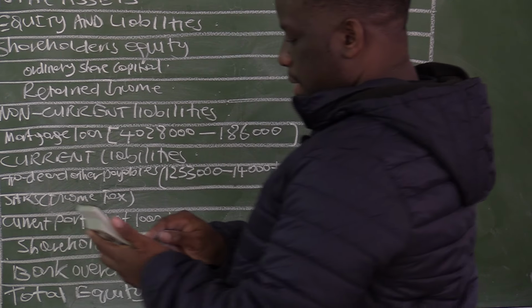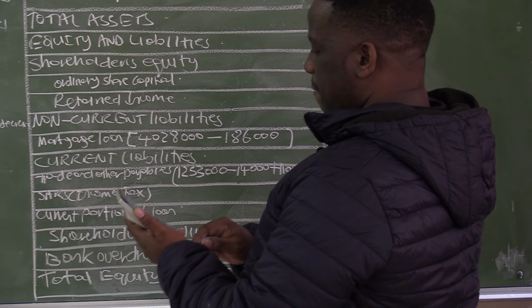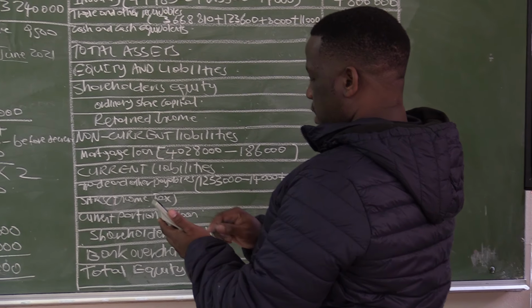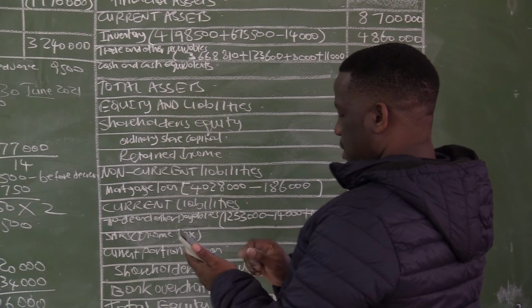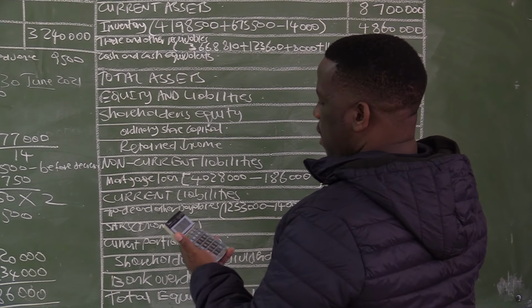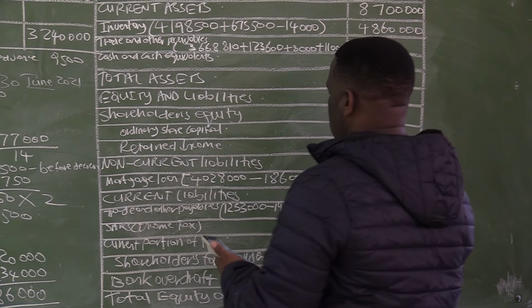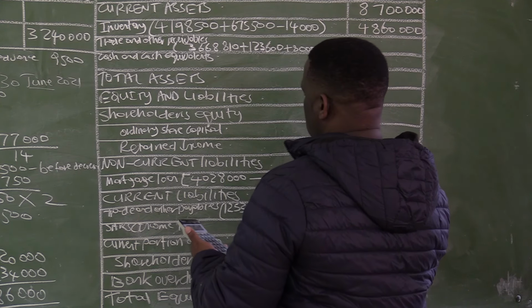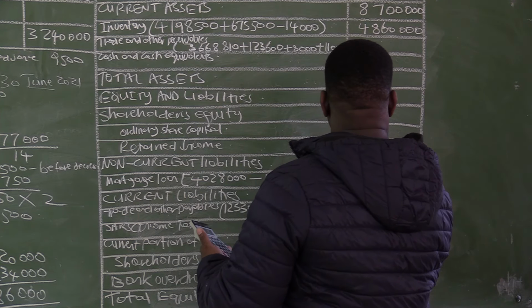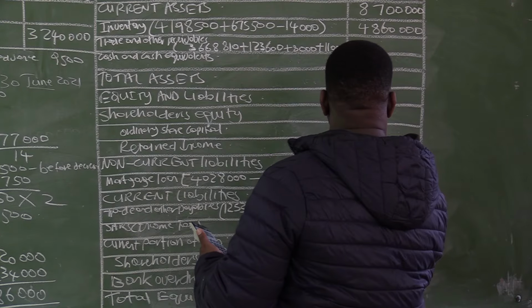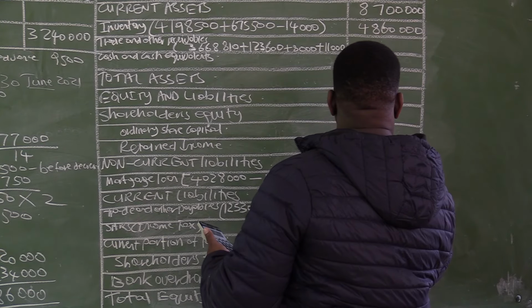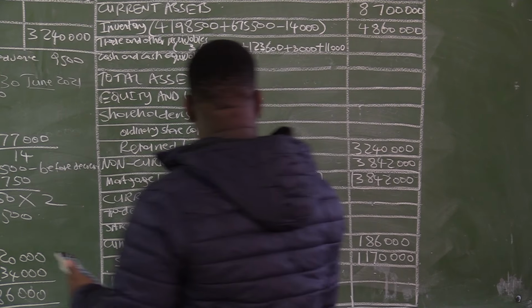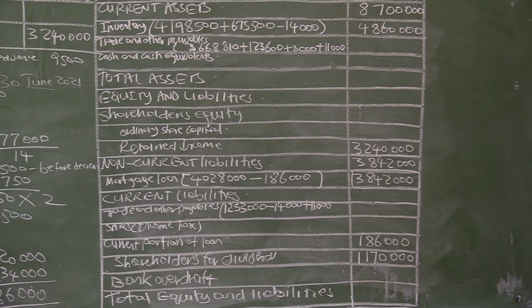Let's confirm this amount: 4,028,000 minus 186,000 is 3,842,000. So our non-current liabilities will be 3,842,000.